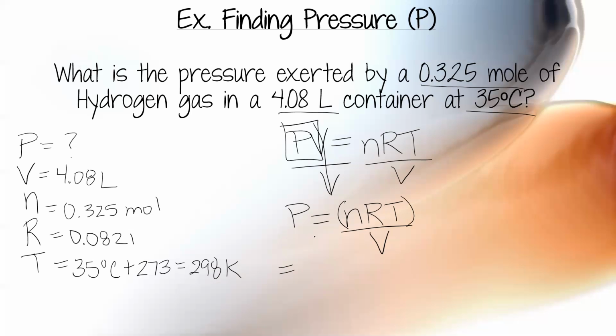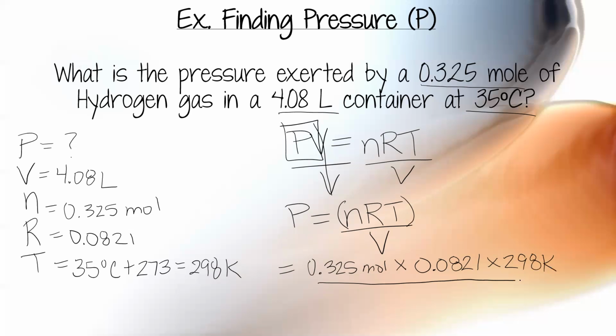Okay, so I'm going to do 0.325 moles times my constant R times my Kelvin temperature, all divided by my volume.